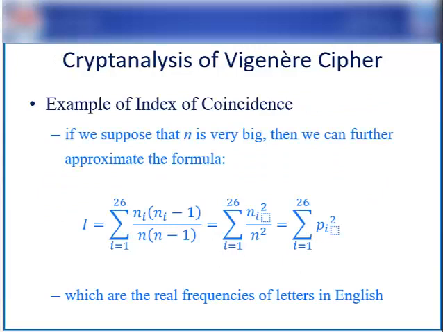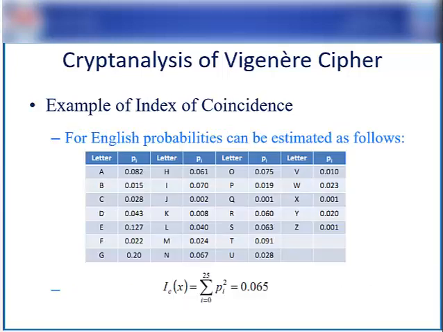If we suppose that n is very big, that is, the length of the ciphertext which we were able to intercept is very big, then we can further approximate this formula, and if we put in the real probabilities of occurrence of each letter of the English alphabet, it will give us the real frequencies of letters in the English language, which was estimated as follows. And the index of coincidence for the English language is 0.065, as we said before.